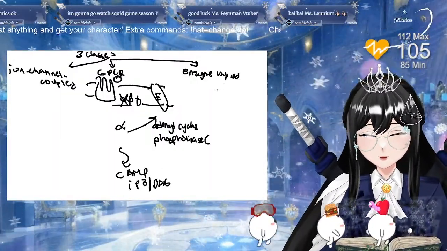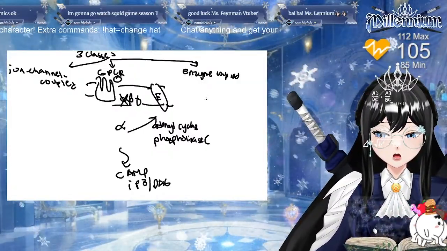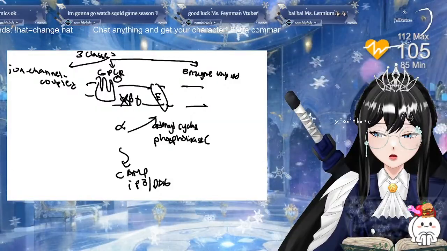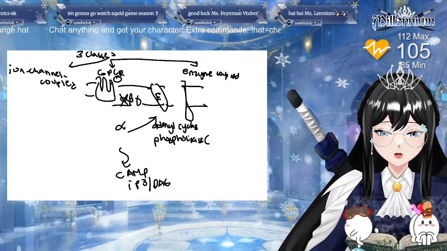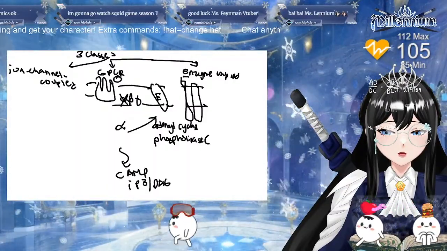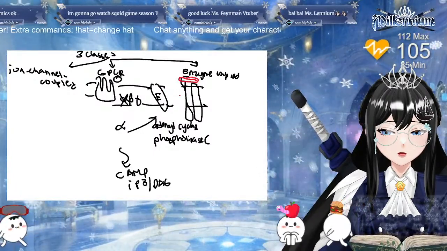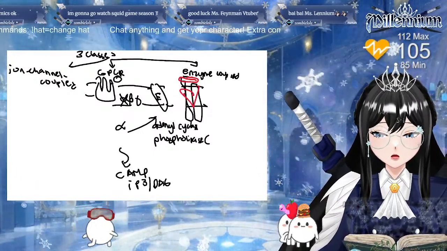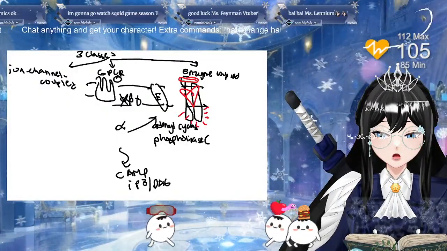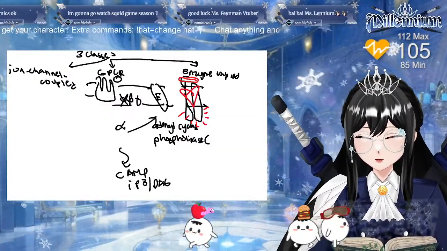Alright, nice. And then with the enzyme coupled receptor, this one is funny. You have two of these, and they look like this. They dimerize after your signaling molecule attaches here, and now you have an active catalytic domain. So that's how it goes for the enzyme coupled receptor.